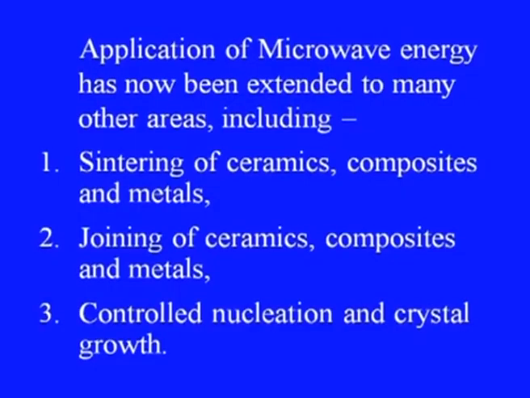However, the application of microwave energy has now been extended to many other areas. This includes, number 1, sintering of ceramics, composites and metals, number 2, joining of ceramics, composites and metals, number 3, controlled nucleation and crystal growth, then number 4, drying and synthesis of materials.